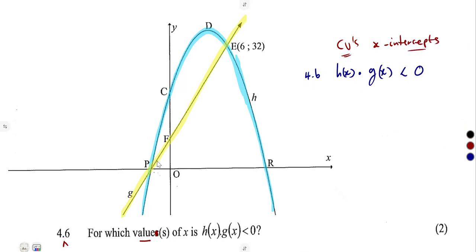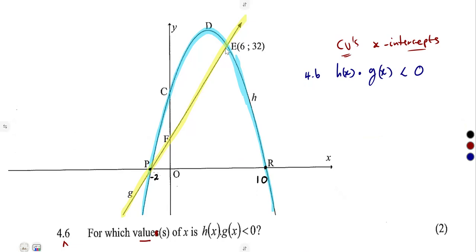So in our case, you were going to calculate these according to the function that you're given. I'm just going to give you these values. At P, the x value was -2. And here at R, the x value was +10.